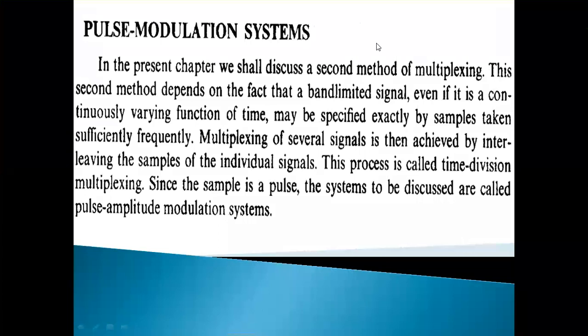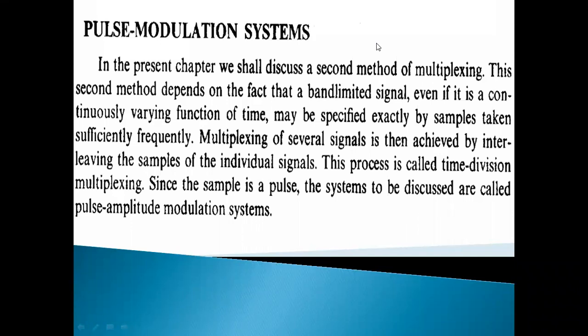The difference from analog modulations, amplitude modulation, frequency modulation, and phase modulation, is that in those the message signal is a continuous signal and the carrier signal is also continuous. In pulse modulation, the message signal is continuous, and the carrier should be a pulse.